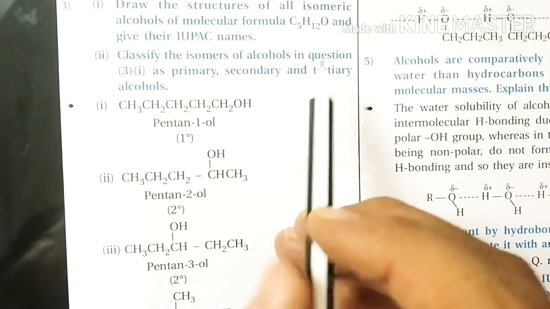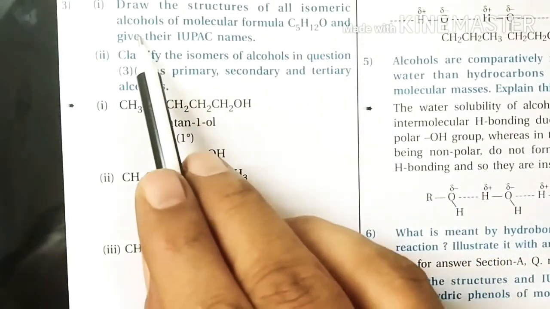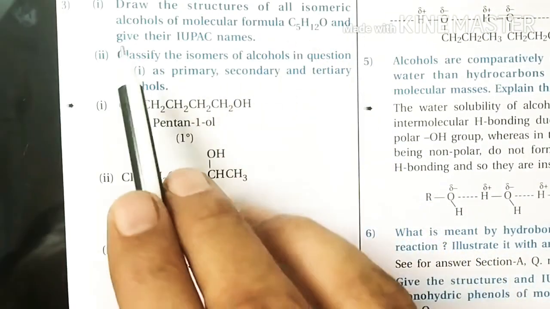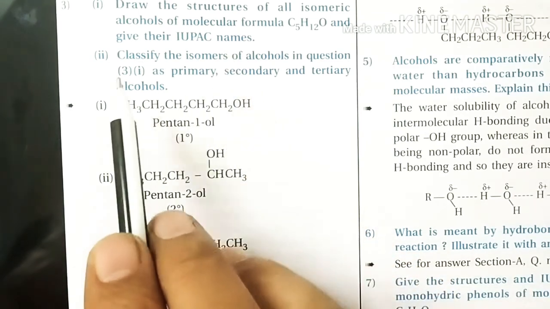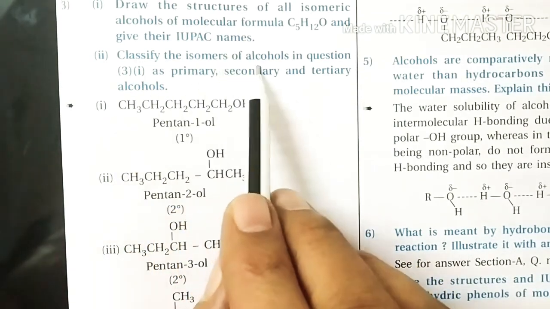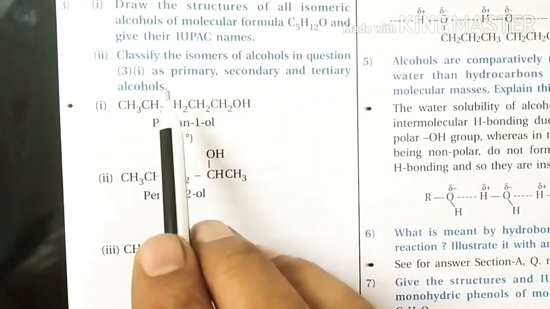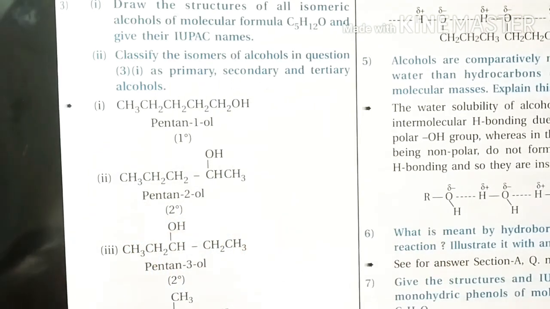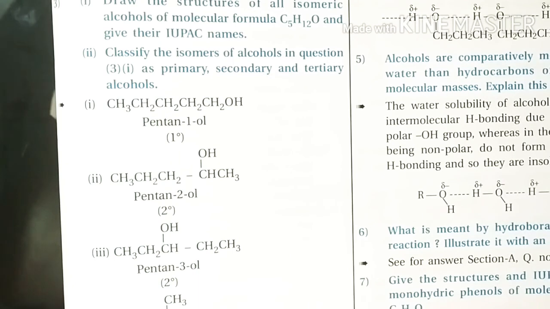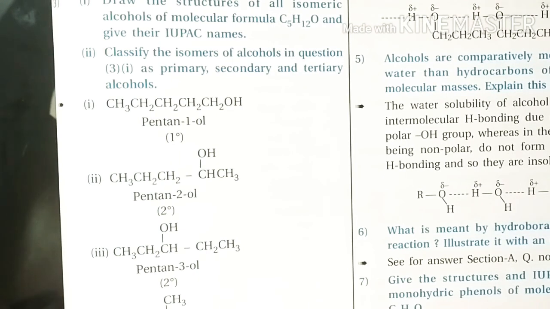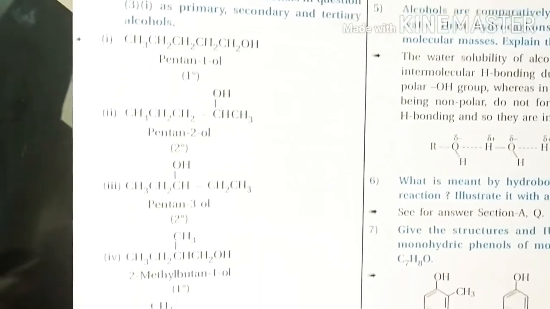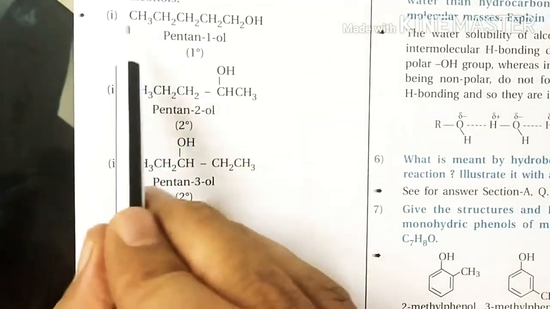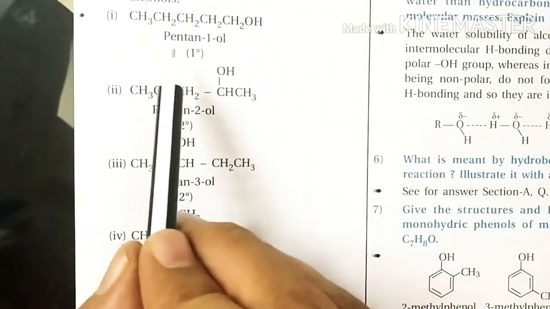It means we have to draw all the isomeric alcohols of C5H12O with their IUPAC names, and then classify all these isomers as primary, secondary and tertiary. We know the style for drawing such structures, and it's a simple one. First we draw a 5 carbon line with OH, so it's pentan-1-ol.